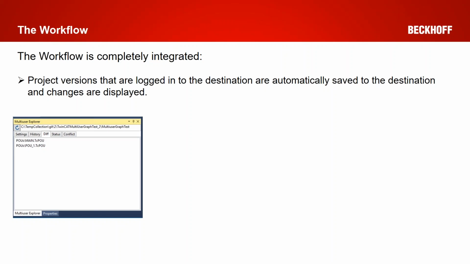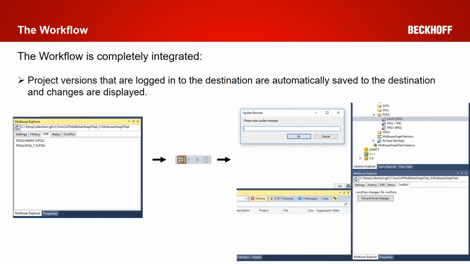So if you program like you do normally, then you do your changes in your project and then you press the login button. Then automatically you may see another dialog asking whether you would like to do an online change or a download, but that's it, right? And it's the same for the multi-user functionality.